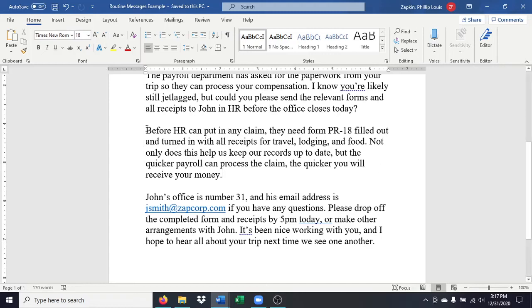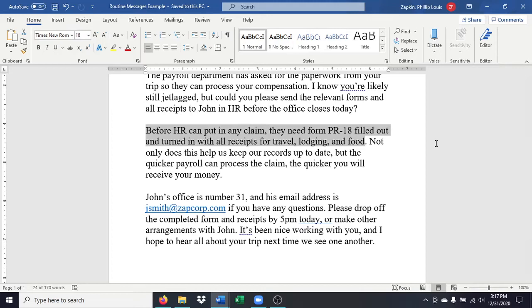So if we look at this body paragraph, and it needn't be just one paragraph in a message, but in this case it is. Partially because I wrote this example specifically to illustrate the opening, body, closing structure. So we've got this first sentence. Before HR can put in any claim, they need Form PR-18 filled out and turned in with all receipts for travel, lodging, and food.